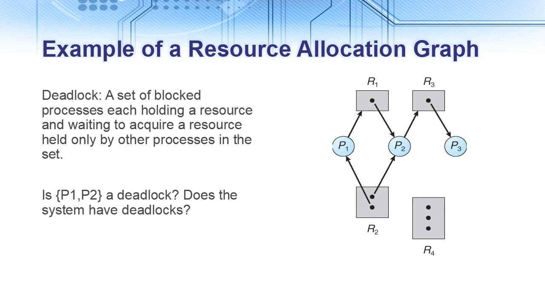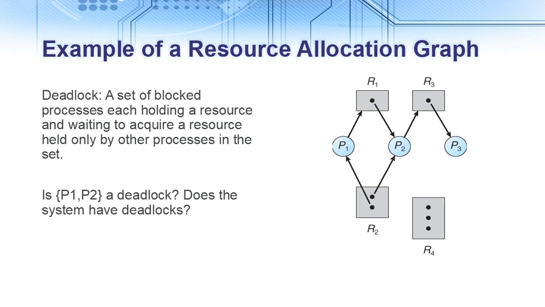Example of a resource allocation graph. We already saw deadlock. What is deadlock? A set of blocked processes, each holding a resource and waiting to acquire a resource held only by other processes in the set. In this diagram, we can see three processes and four resources. P1, P2, P3 are the processes and R1, R2, R3, R4 are the four resources.